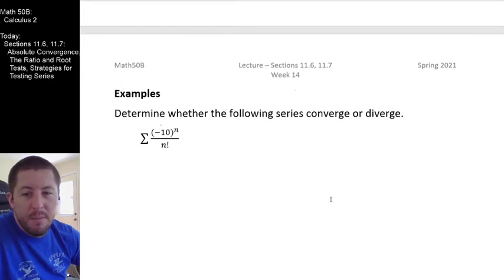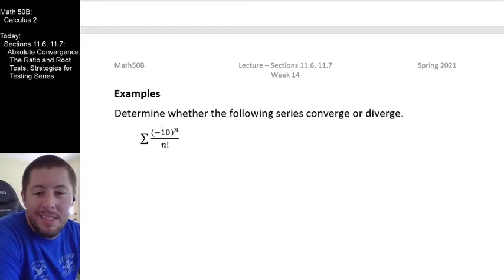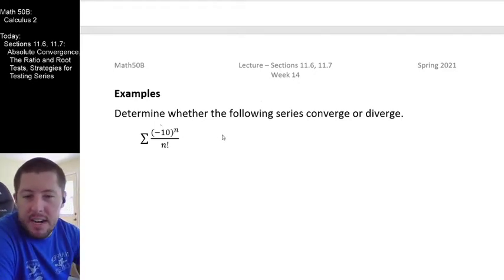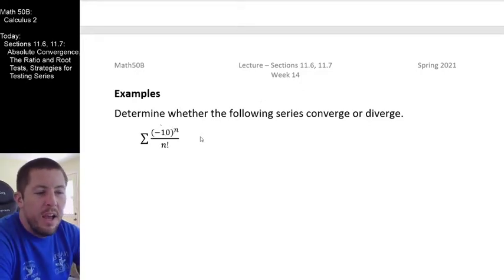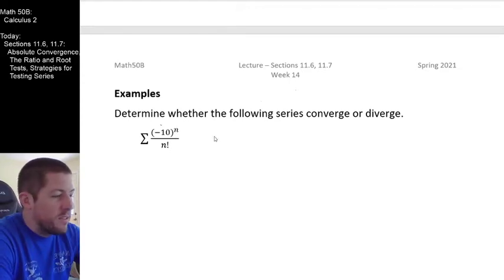So first example here, determine whether the following series converges or diverges. The things that I'm seeing are, it's not in perfect form for the alternating series test because I don't have a (-1)^n right here. It's really close. But the thing that's more important to me is I have exponentiation and I have factorials.